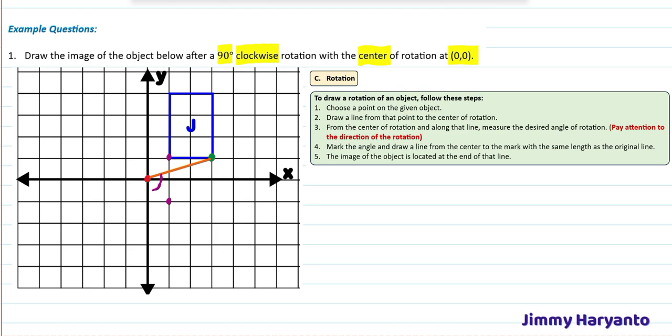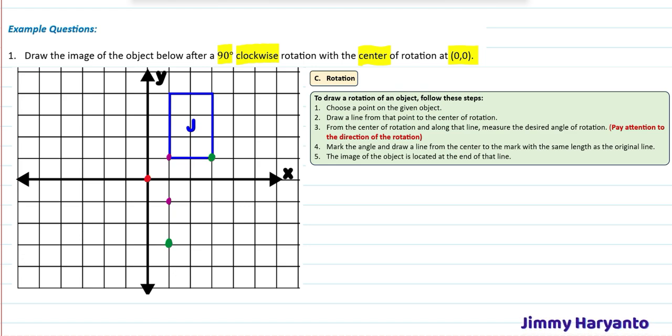And then you have to create another line to the angle mark you already made, as long as the first line. 1, 2, 3, 3 units diagonally, just like that. So the image of the green point will be right there.